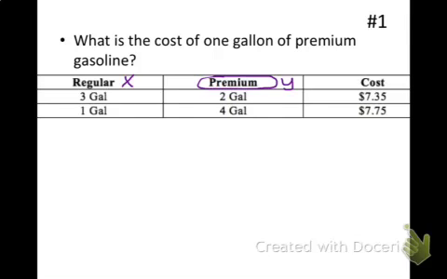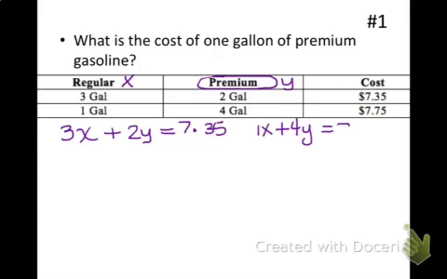So now we can actually write our system. 3 gallons of regular and 2 gallons of premium equal to $7.35. And for the second one, we have 1 gallon of regular and 4 gallons of premium equals out to $7.75.